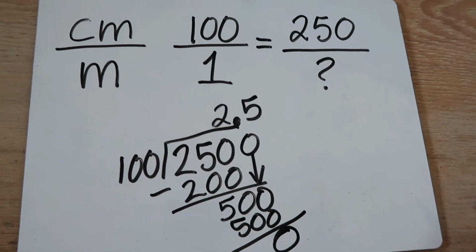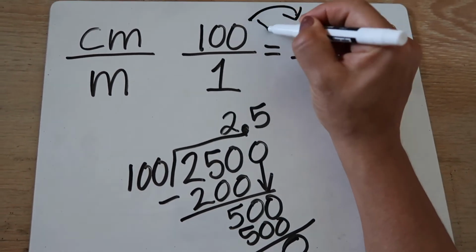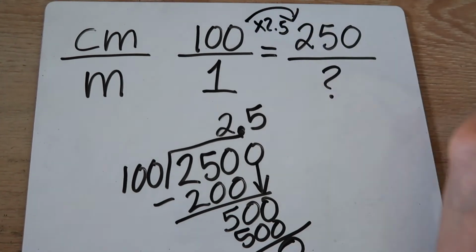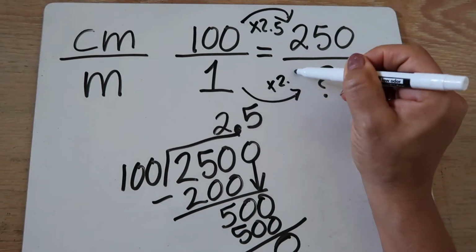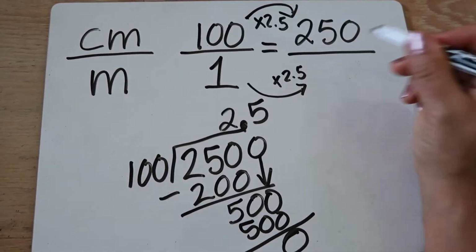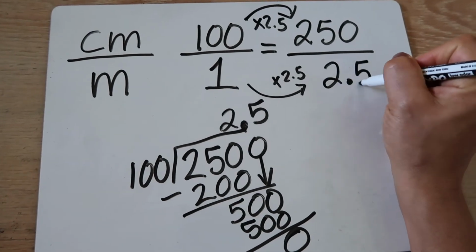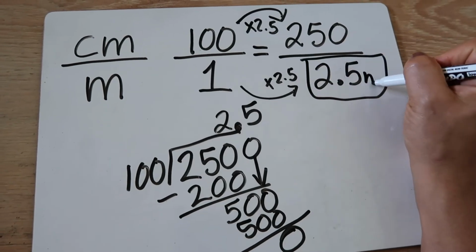Remainder 0. So 2.5 is our factor. So 100 times 2.5 will give us 250. Then 1 times, same factor, 2.5 will give us 2.5 meters. And that's our final answer, 2.5 meters.